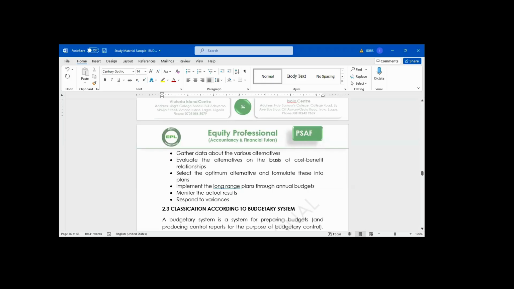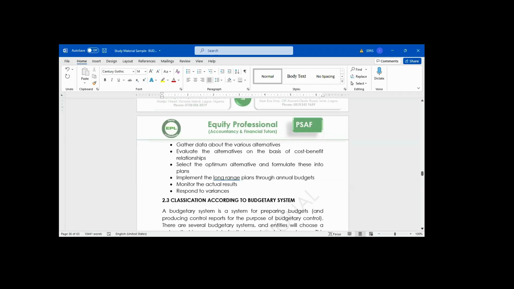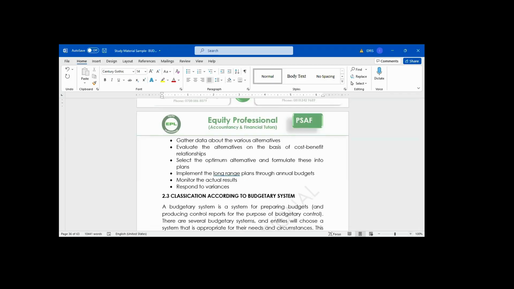And you select the optimum alternative option. You select the alternative that will be most beneficial to you. Once you have done that, you can now formulate a plan based on those alternatives.